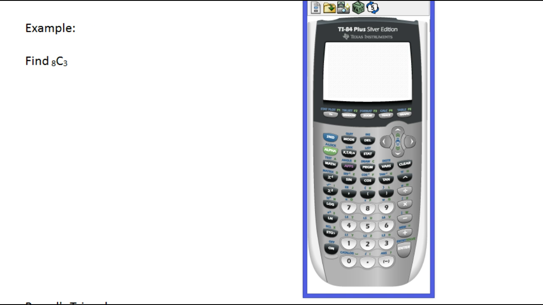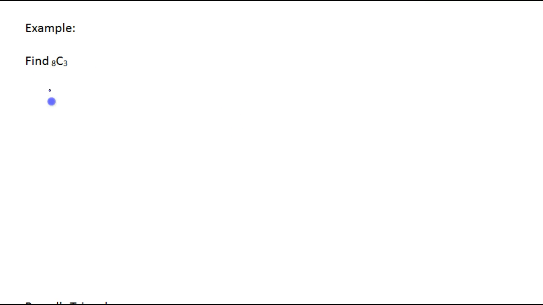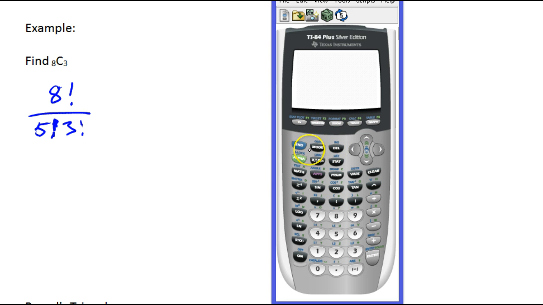So let's see how our calculator can do it. If we're going to do 8 choose 3, then that means we're going to have 8 factorial over 5 factorial times 3 factorial. These numbers down here will always add up to the top number. Okay, so we can do factorials on our calculator. I'm going to go to Math and over to PRB, and you can see number 4 is factorial.